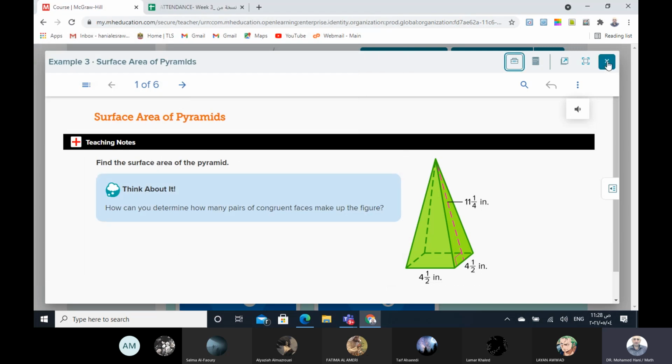No questions? Who can tell me what is the difference between the pyramid and the prism?